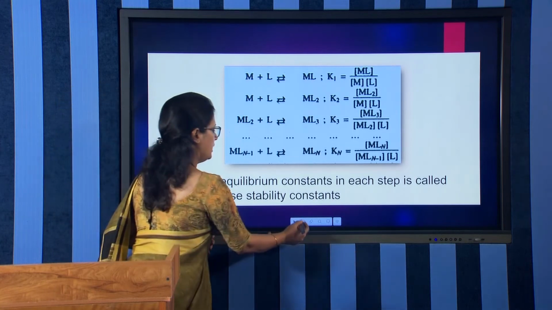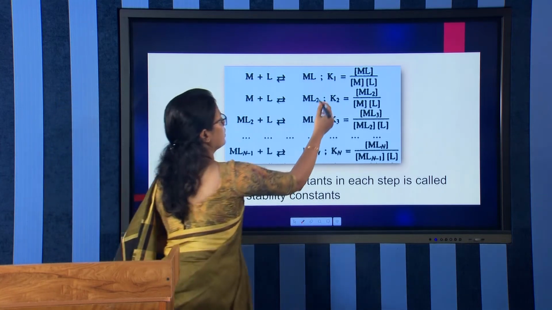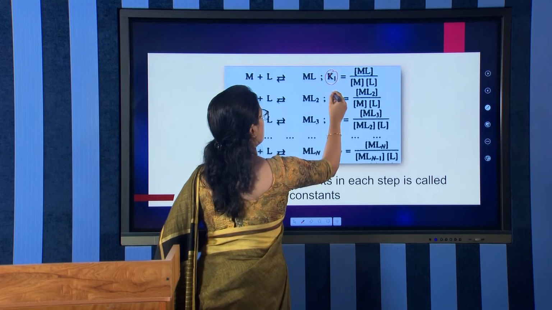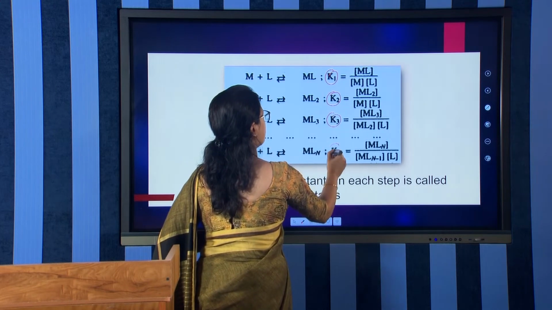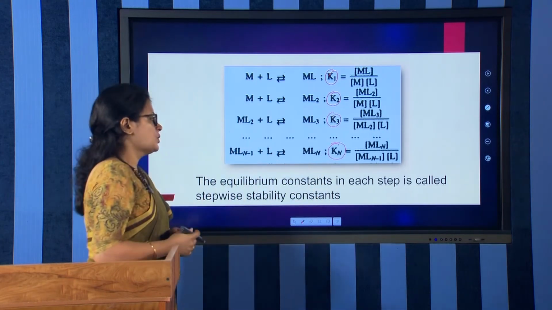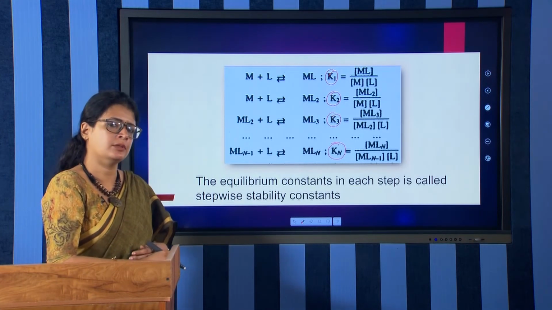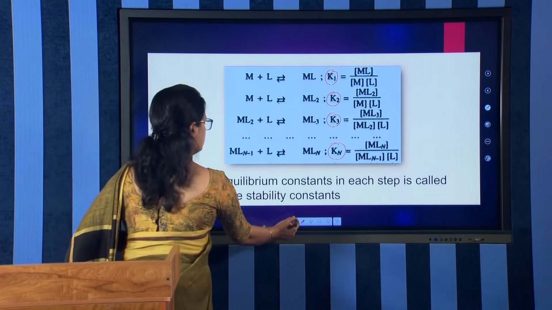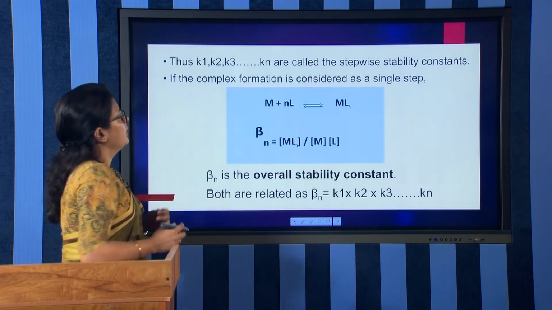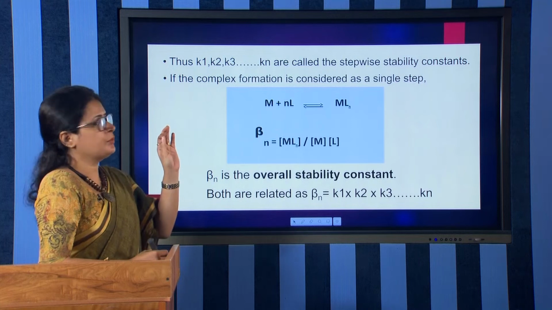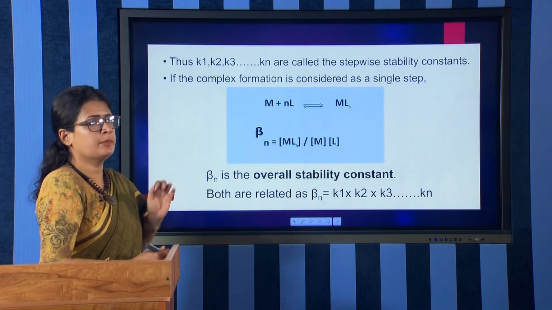In each step you have a stability constant: K1, K2, K3, up to Kn, and these are called stepwise stability constants.